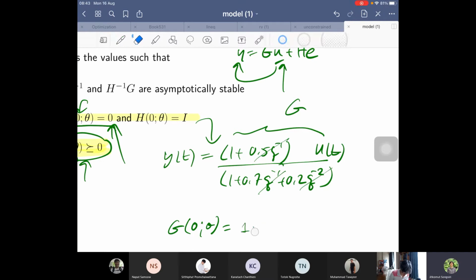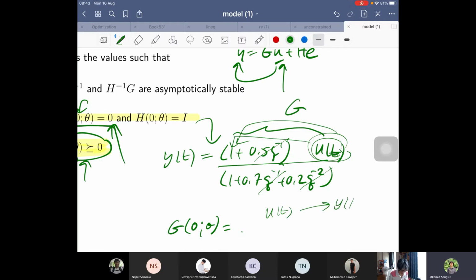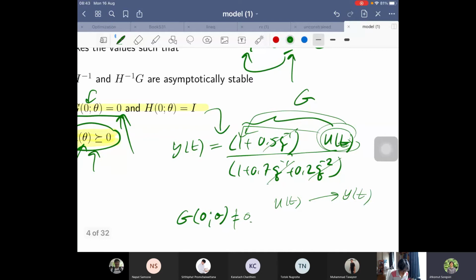So it means that the response from y_t at the present time, because it's multiplied with the 1 here, will have an effect on y_t. Okay, that's the illustration of the system G when it violates this condition.